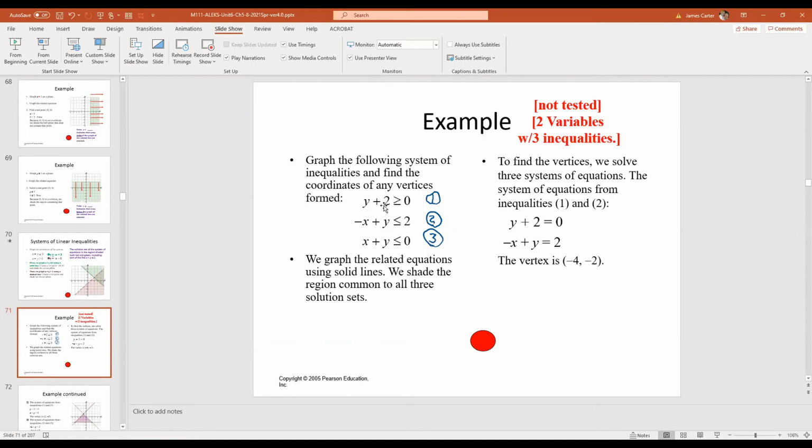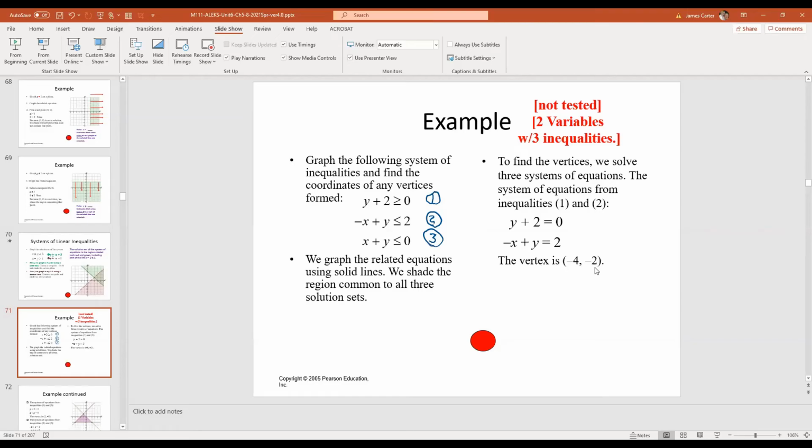Well, what I do is you can graph each one of these individually. Now, after you graph them, you can see physically where the vertexes intersect, or you could do it mathematically. Here they chose equation 1 and equation 2, and they did simultaneous solution on it. They didn't show the steps.